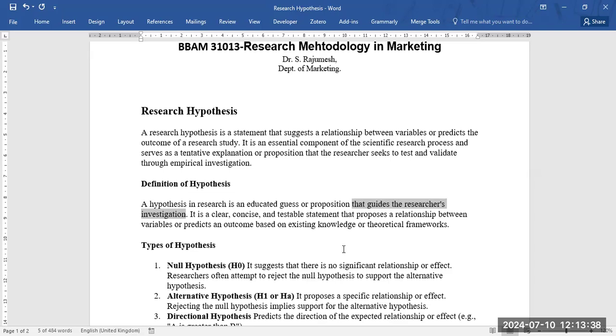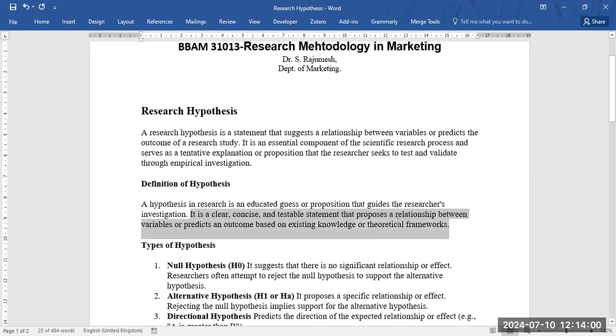It is a clear, concise, and testable statement that proposes a relationship between variables or predicts an outcome based on existing knowledge or theoretical frameworks.